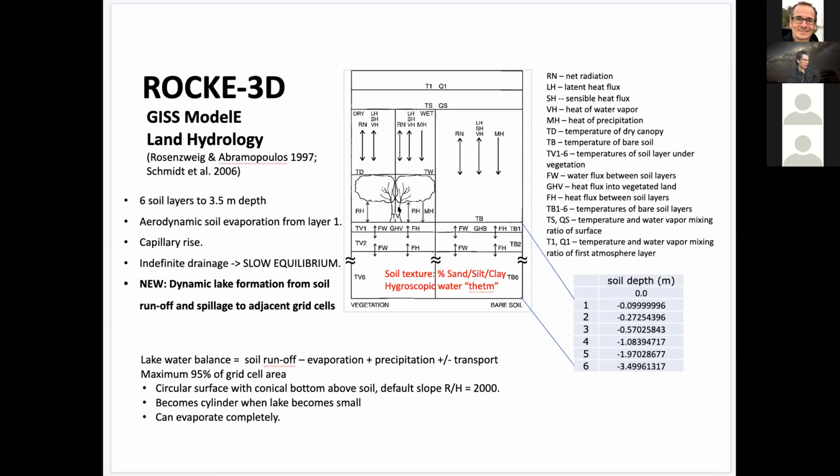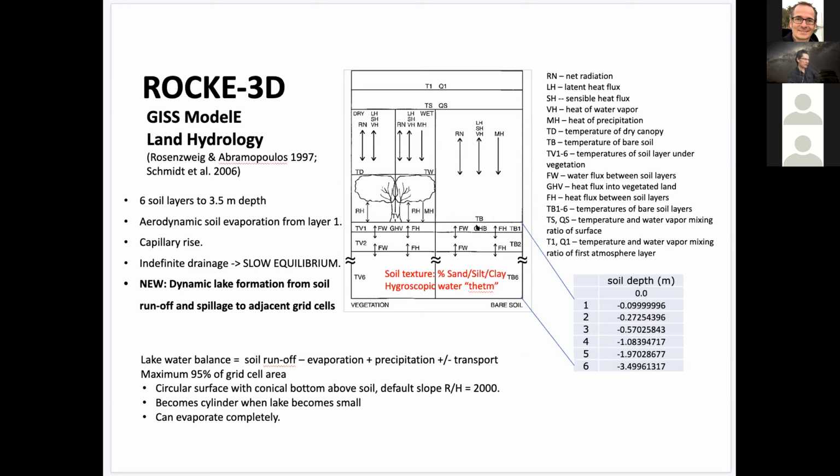Then you have snow, which you may have on bare soil. You may have snow under vegetation, and you may have snow on top of vegetation, and that all has different fluxes. So the basic fluxes are sensible heat, which is due to temperature changes between surface temperature and ground temperature.